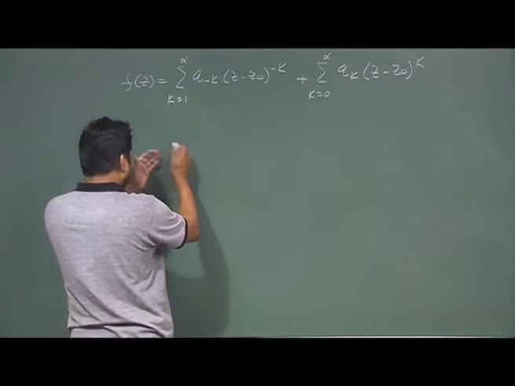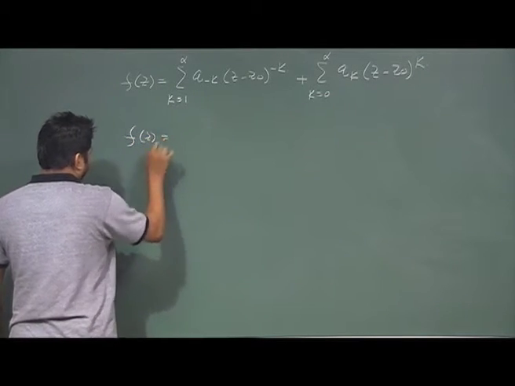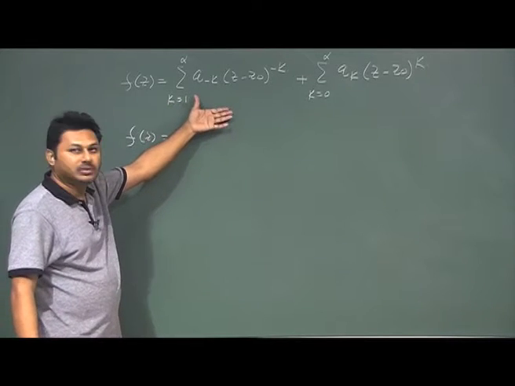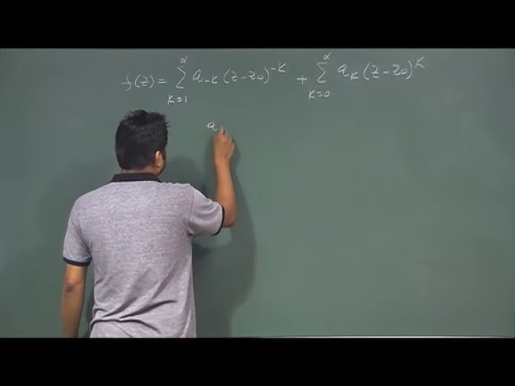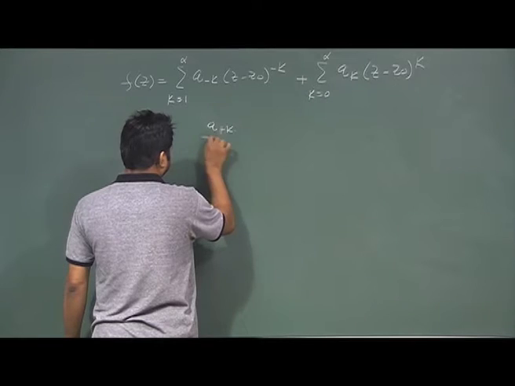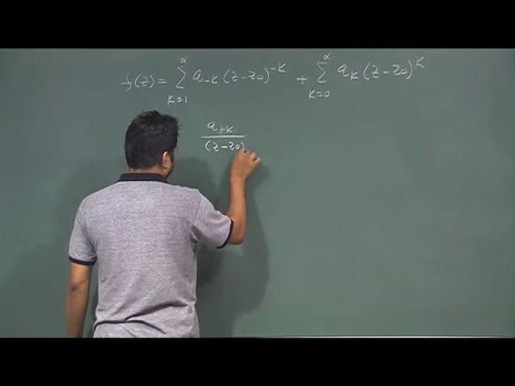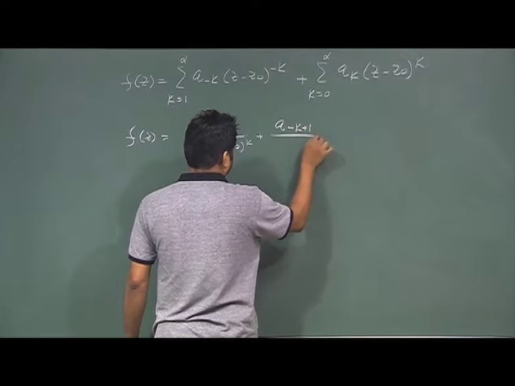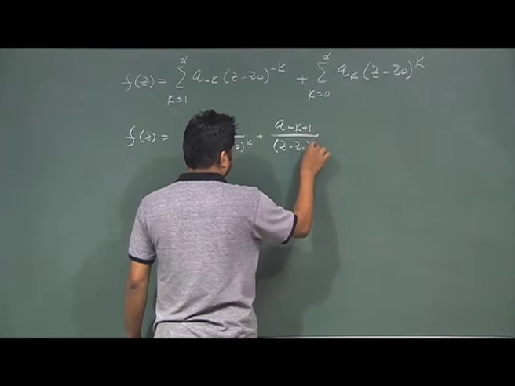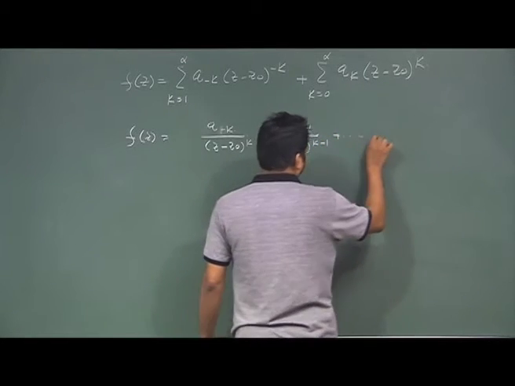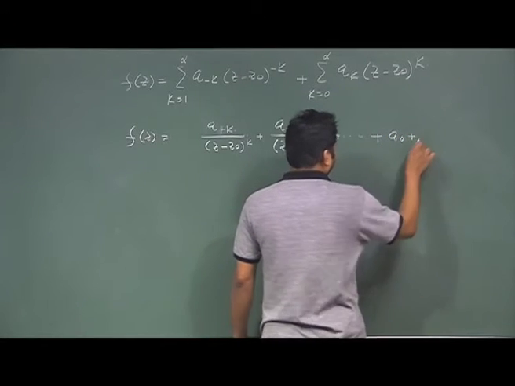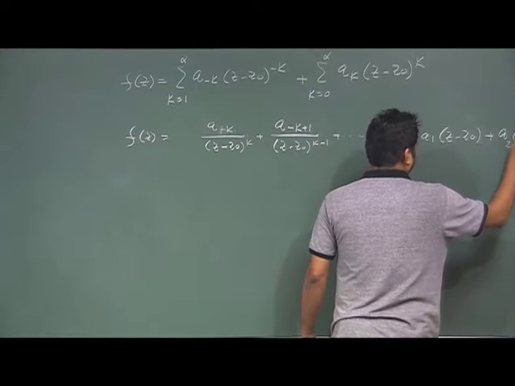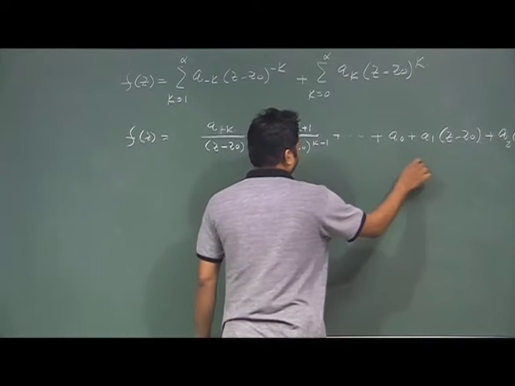So, now I have a function f(z), and in the principal part we have a few terms. These few terms are a_(-k) (z minus z0) to the power of minus k, plus a_(-k+1) (z minus z0) to the power of minus k plus 1, and so on, plus a0 plus a1 (z minus z0) plus a2 (z minus z0) whole to the power 2, and so on.